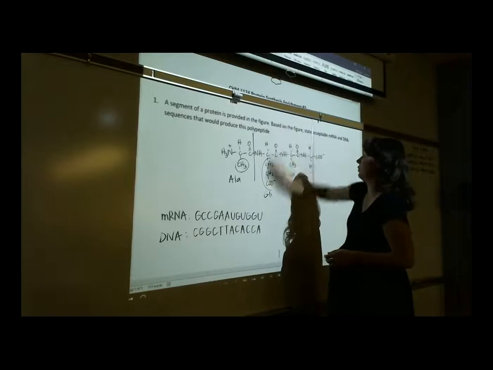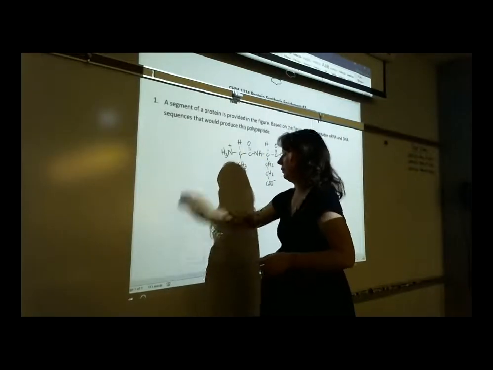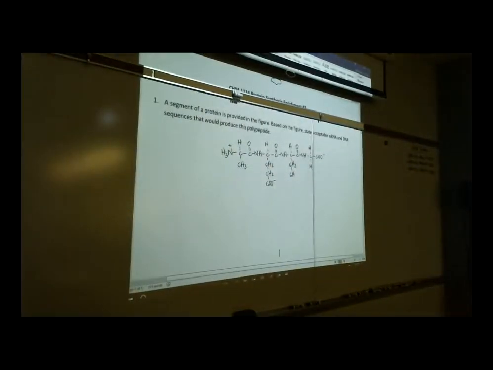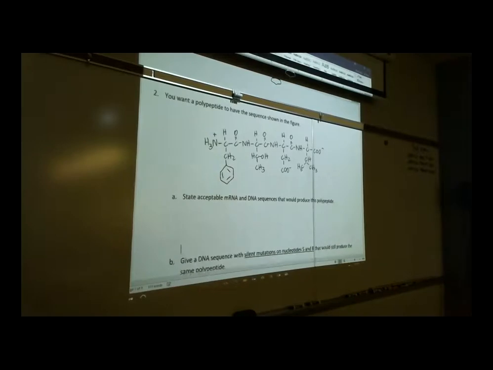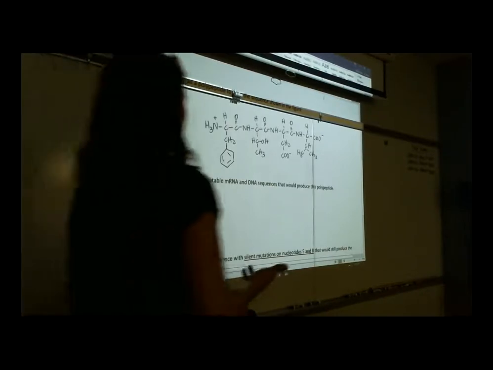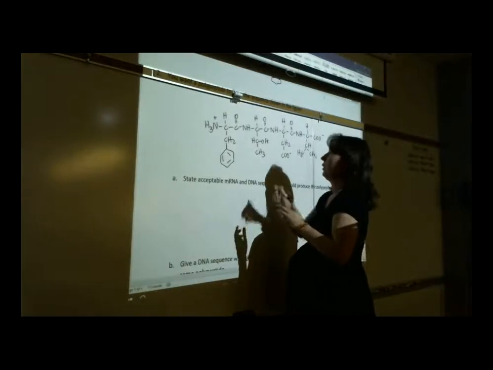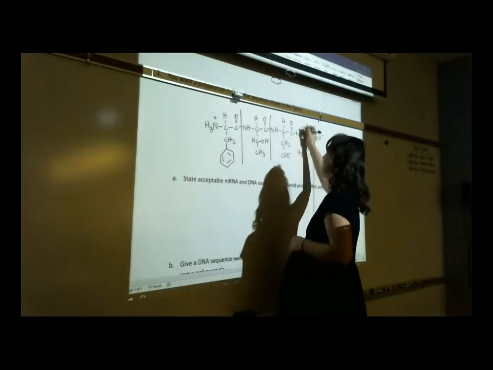Let's go now to number 2. All right, you want the polypeptide to have this sequence. So again, we need to go through the same procedure that we just did. Okay, we need to first break up our polypeptide into its amino acids.